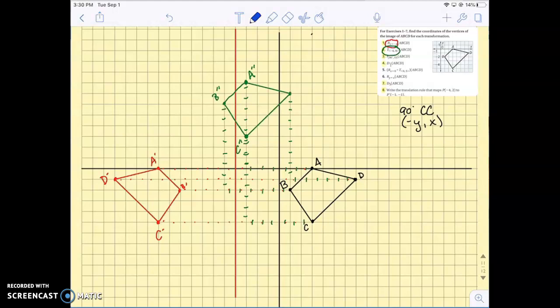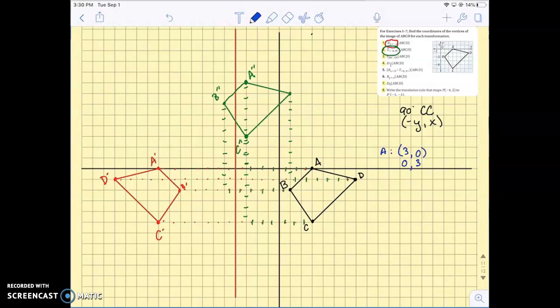I'm going to find my original coordinate. So A is originally at 3, 0. My translation says to flop the x and y, and then change the sign of the leading variable, which is 0, so it doesn't make a difference.